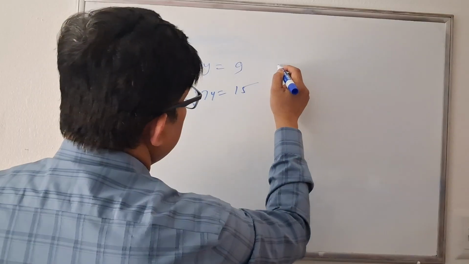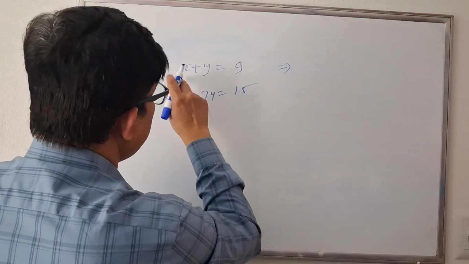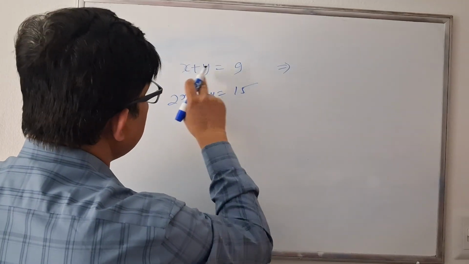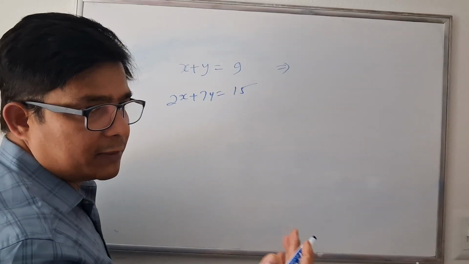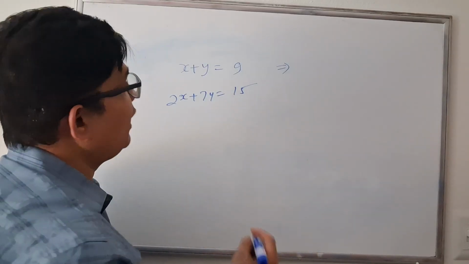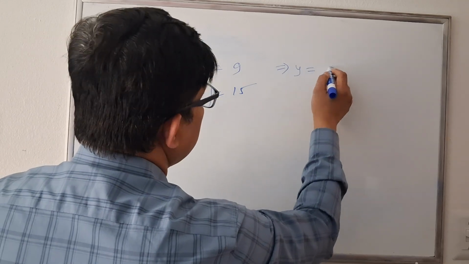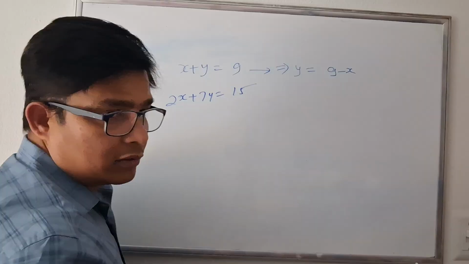Another approach in some of the questions is, instead of multiplying by 2, you convert x in form of y, or y in form of x. Which variable do you want to keep? Y. Okay. So let's say keep y equal to 9 minus x, correct? From here. Yes or no?